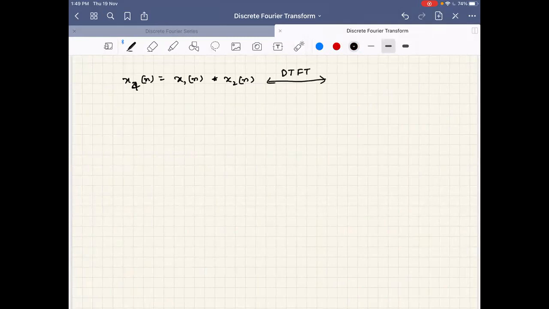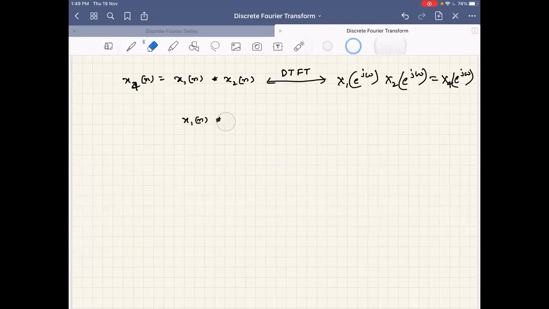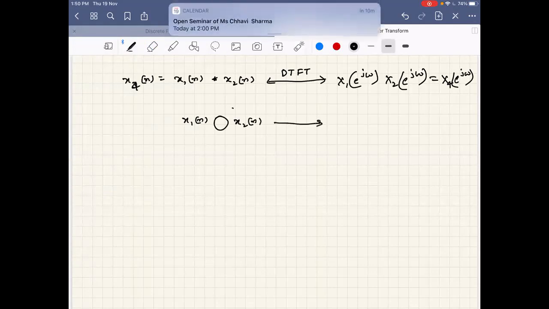What you got is x1 of e power j omega and x2 of e power j omega, which we refer to as x4 of e power j omega. In parallel, we have x1 of n, the same aperiodic sequence, with circular convolution with x2 of n.